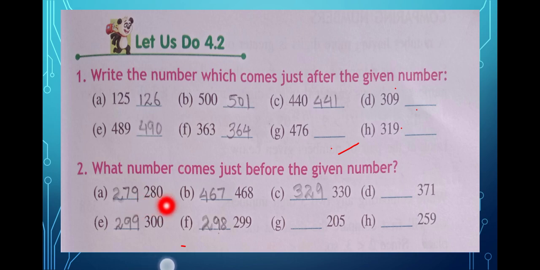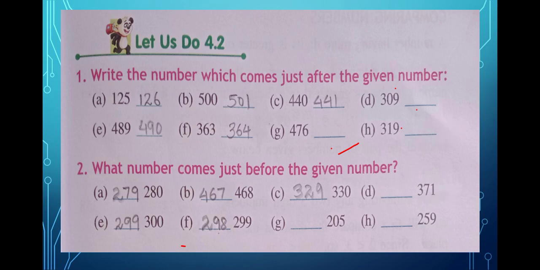From 280, when you minus 1, you get 279. When you minus 1 from 468, you get 467. Here 330 minus 1, you get 329. Same thing goes here also. So in this way you have to do question number 1 and 2.